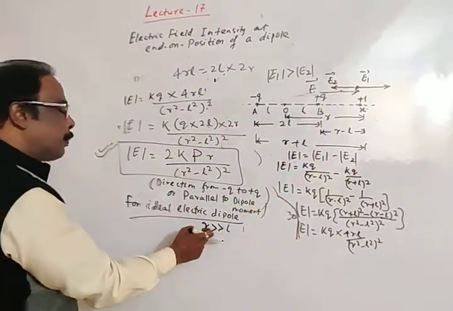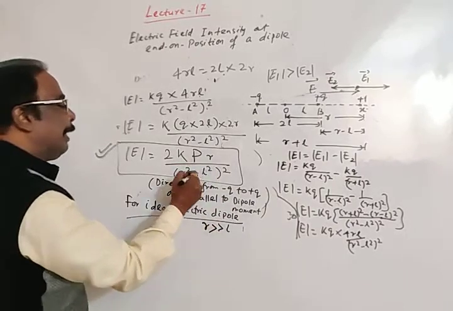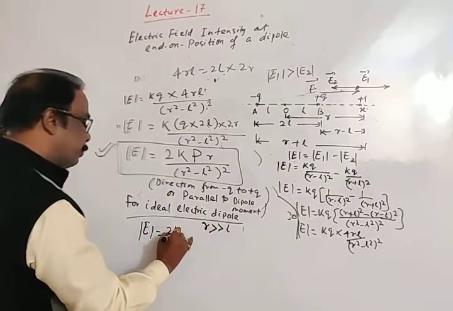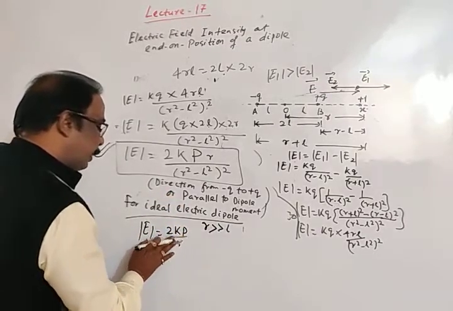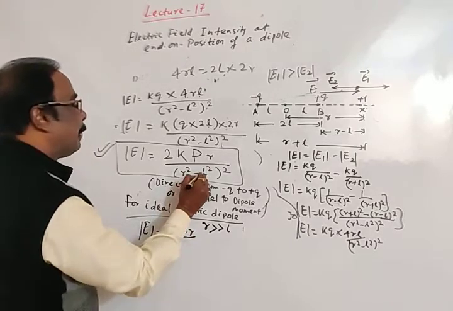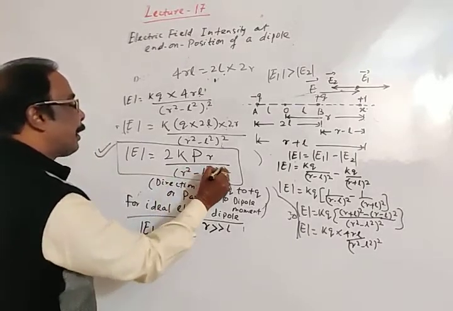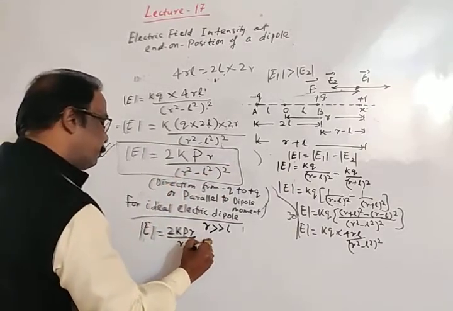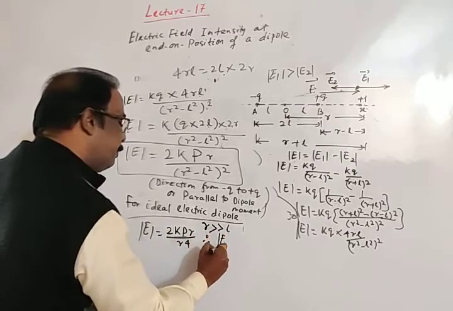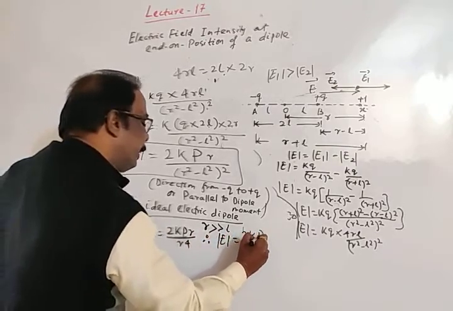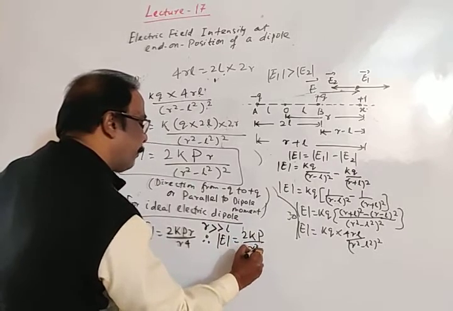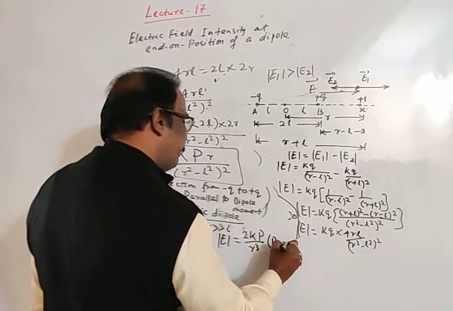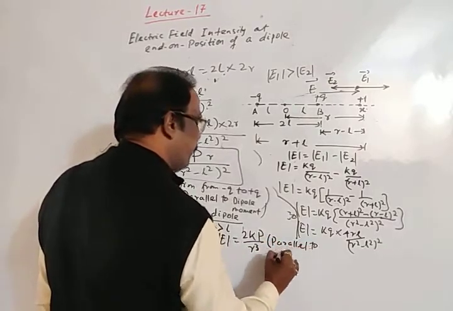Here we have taken L, so R is greater than L, then take L negligible. Then in this case, the magnitude of the electric field intensity is 2kpR divided by (R square minus 0) whole square, which means R to the power 4. So finally we get the magnitude of the electric field intensity as 2kp by R cube. Again, the direction is parallel to the dipole moment.